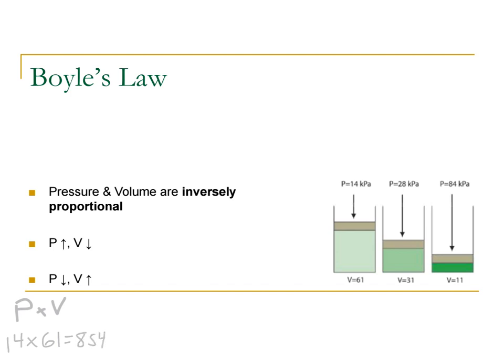I can do that for the next one, which is 28 times 31, and I would also get 854. And if I do it for the last one, 84 times 11, I would also get 854.